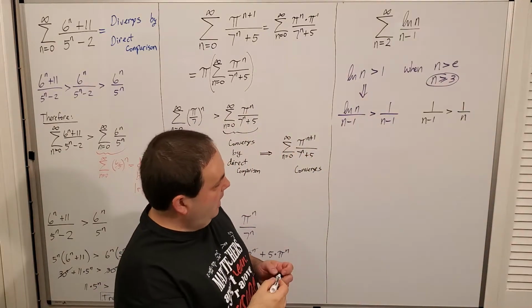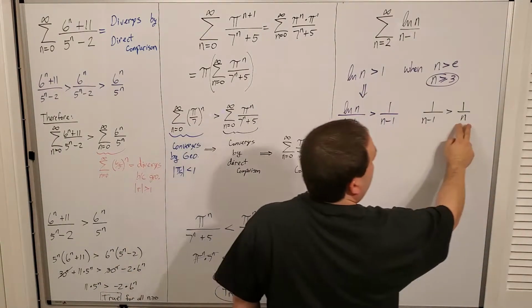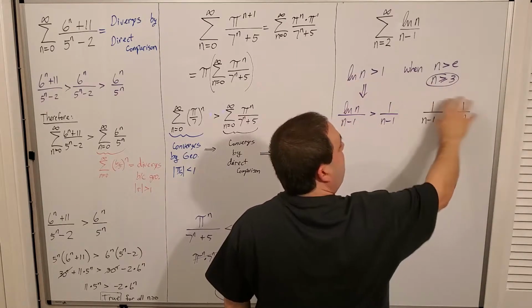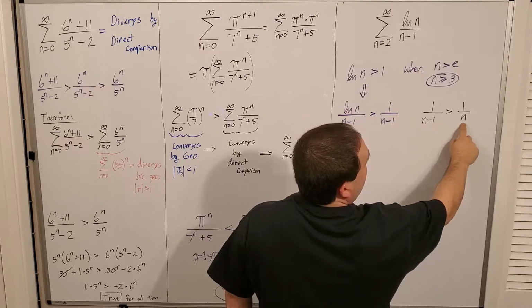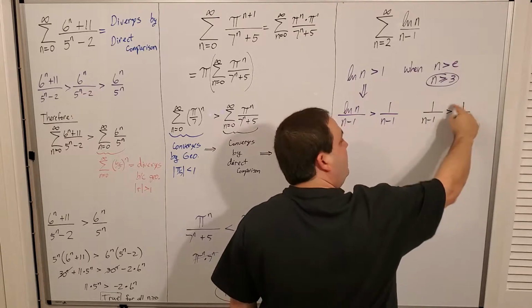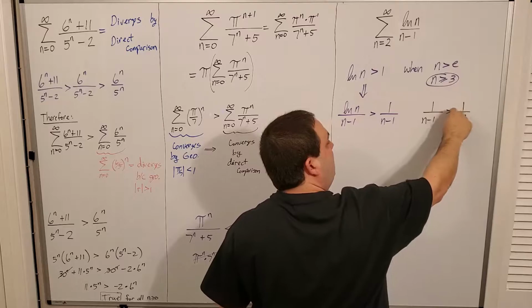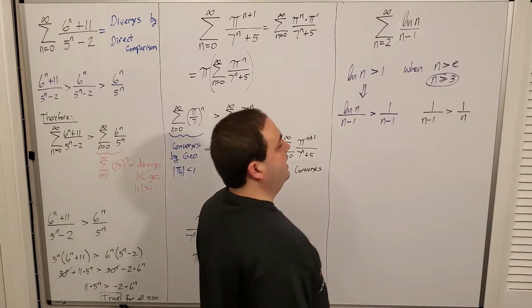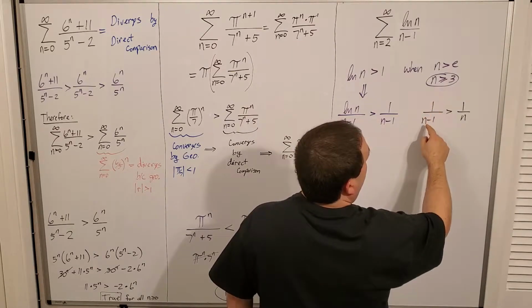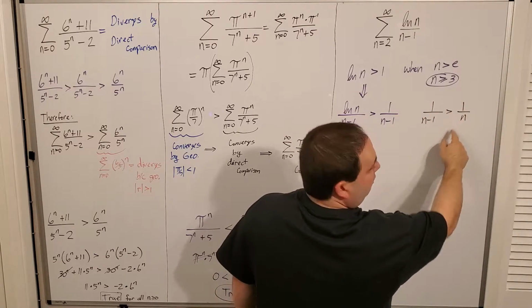Right? Anytime you increase the denominator, you decrease the whole value. So increasing the denominator from n minus 1 to n makes the whole 1 over n less than 1 over n minus 1. Right? For example, 1/3 is greater than 1/4.